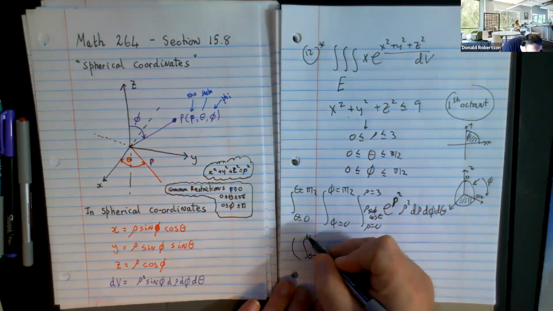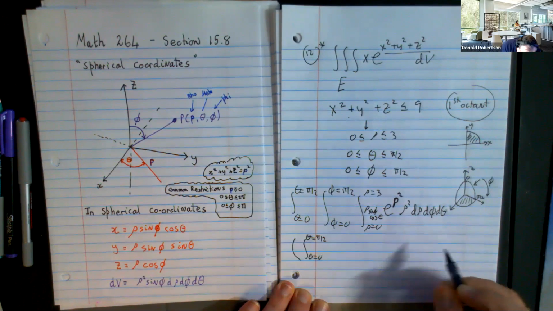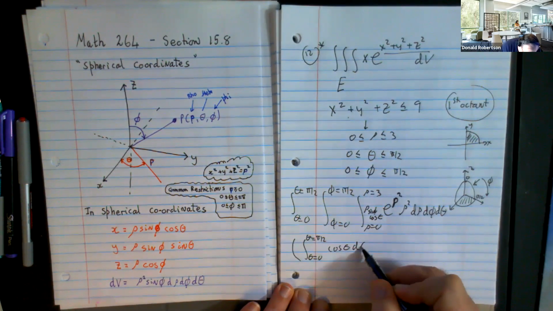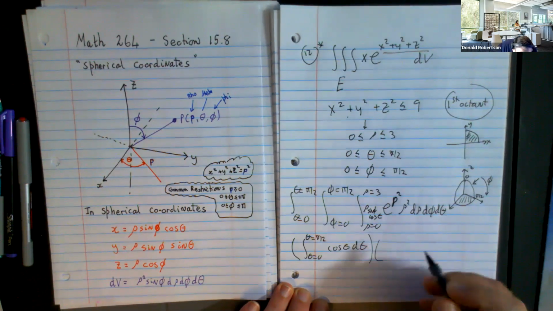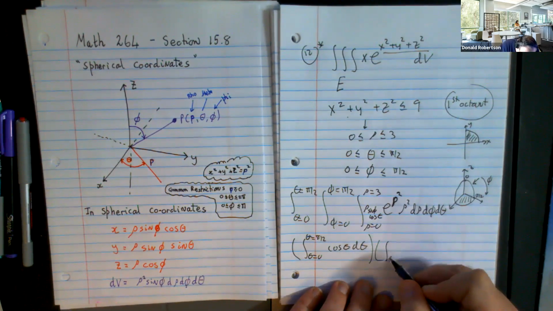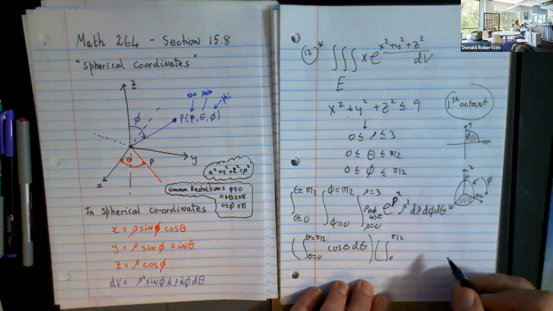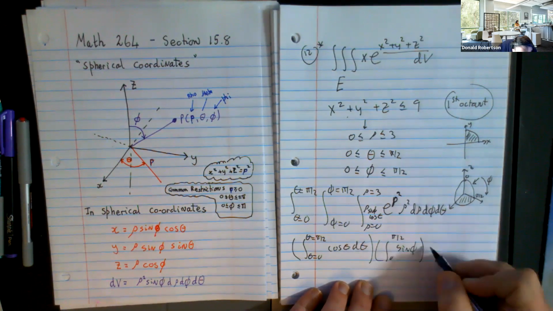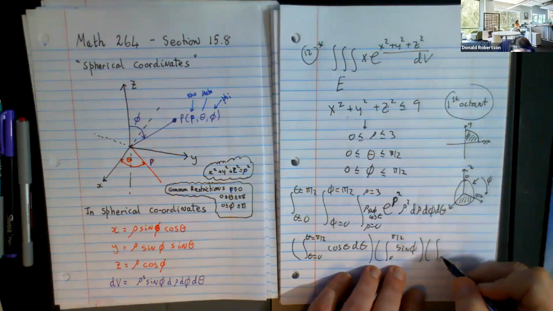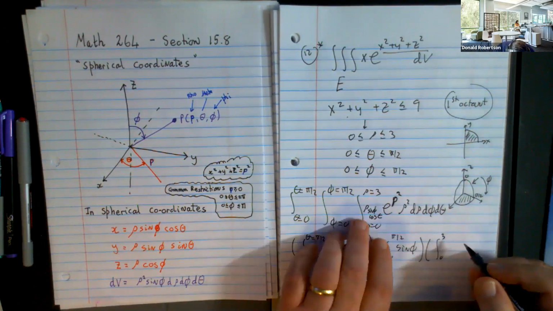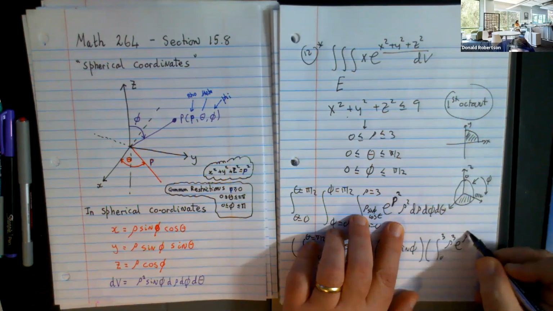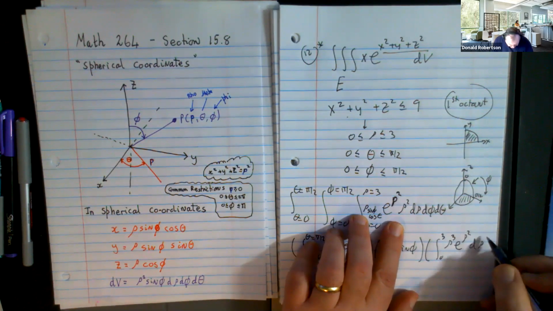theta is 0 to pi upon 2. There's a cosine there. If I do the phi's from 0 to pi upon 2, I think there's just a sine phi. And if I do the rho from 0 to 3, there's now a rho cubed e to the rho squared d rho.